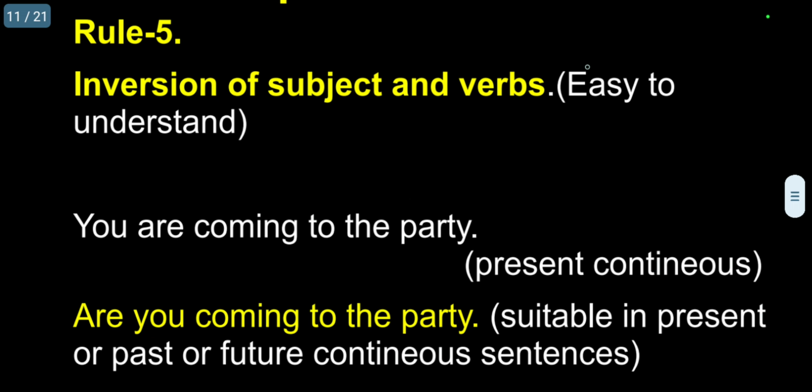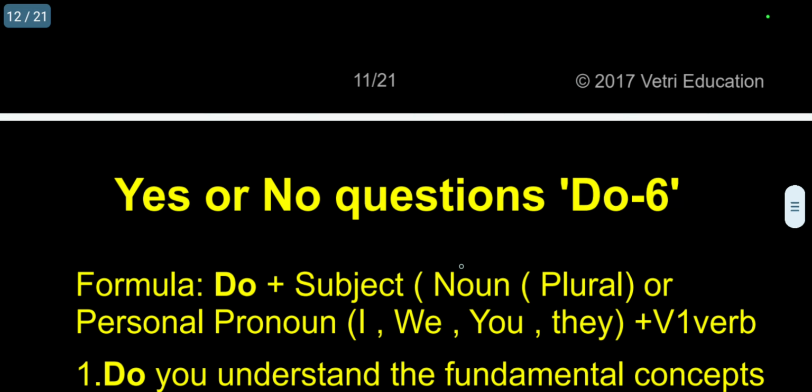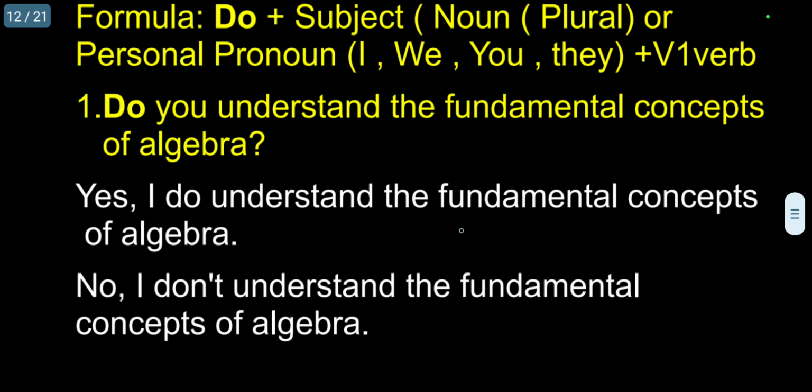Please follow. After knowing these 5 formulas, I am going to directly give some 10 sentences for your understanding. Question number 1: Do you understand the fundamental concepts of algebra?